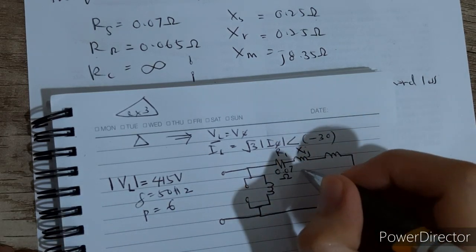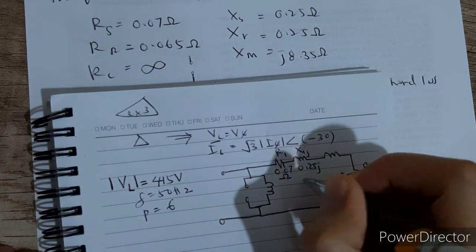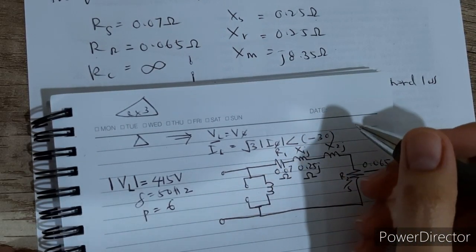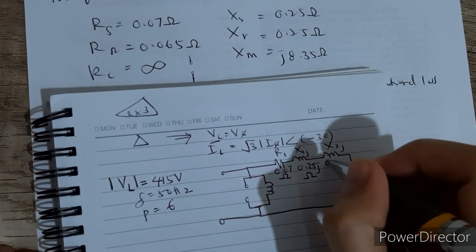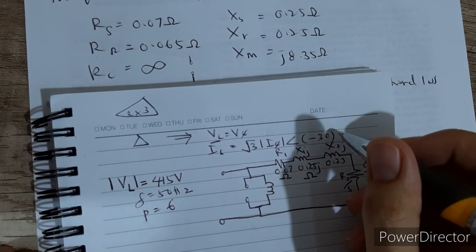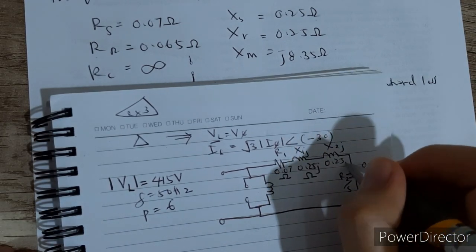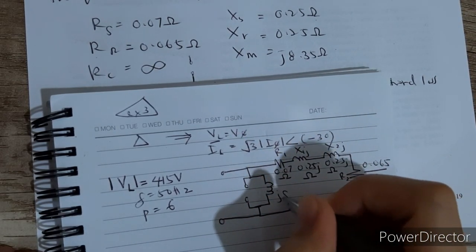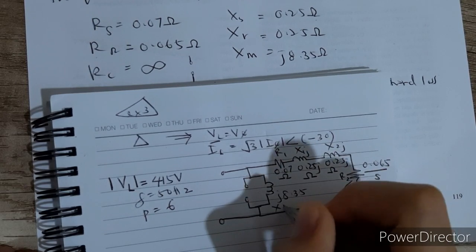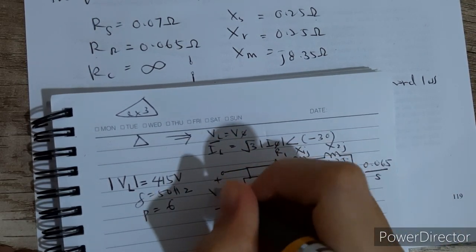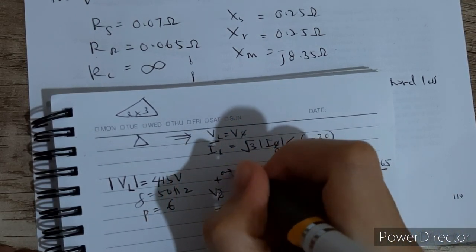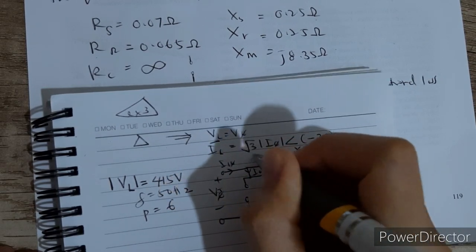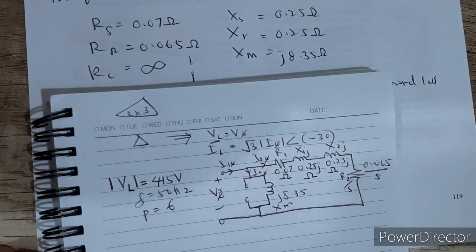X1 is j0.25 ohm, and the rotor reactance X2 is 0.25 as well. And finally, your XM is j8.35. So this is your V phase or terminal phase voltage, I1 phase, I0 phase, and I2 phase.